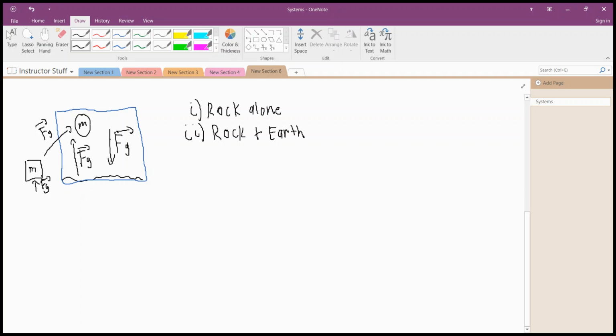This rock is exerting a gravitational force on the block that is outside our system. Because the block is outside our system, this gravitational force here is not considered to be inside the system, but do note that objects in the system can exert forces on objects external to the system. Usually, though, we're just interested in the forces exerted on objects inside our system, because if we were interested in objects outside our system, we would probably include them in the system too.